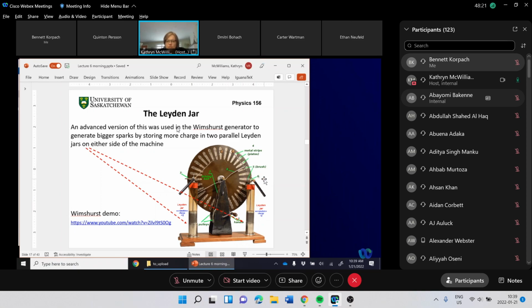There's little brushes on these metal rods here, and you crank this machine and this wheel turns around, and there's little bits of metal on the surface of the wheel, and that brushing creates a static electricity force that separates charges. And I'll show you this.